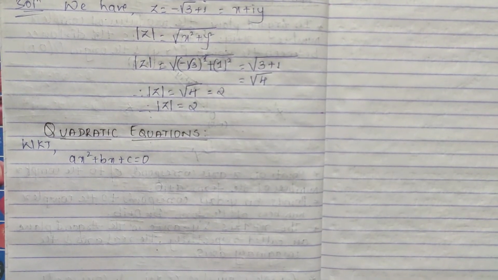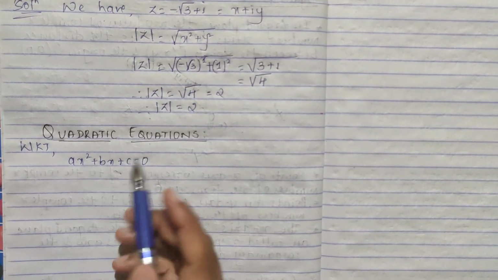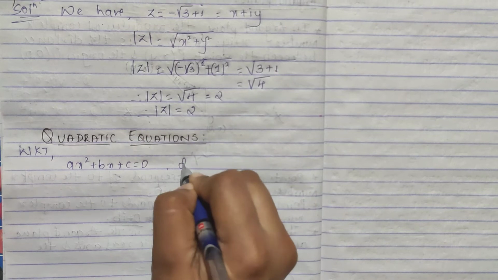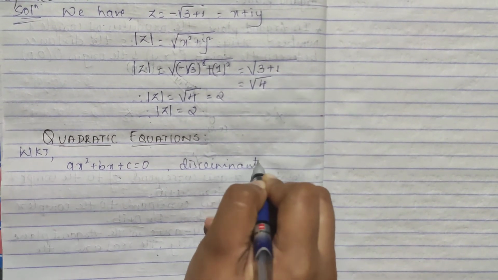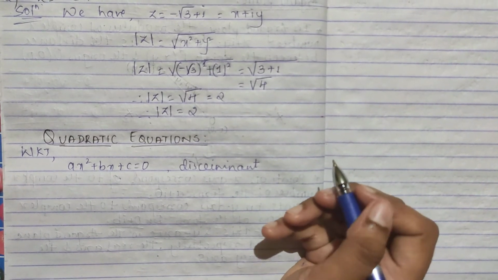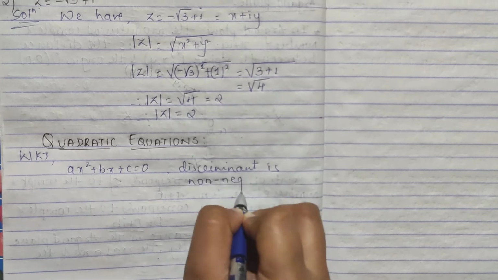What you have studied in quadratic equations is how to find the square roots, and you studied the discriminant. The discriminant is non-negative.